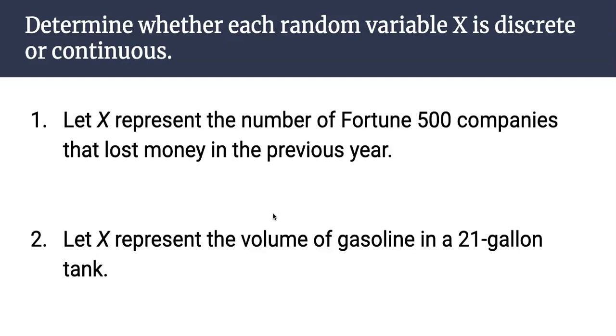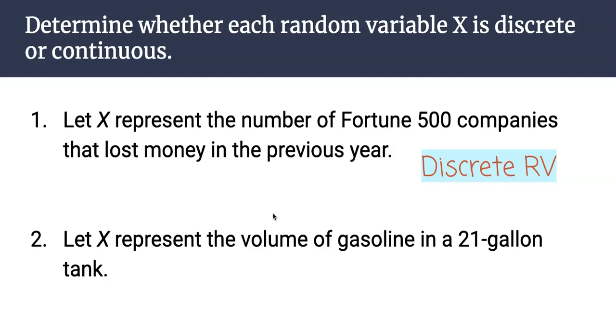So it's going to be like 10 companies or 7 companies or 450 companies. So the first one, the answer is going to be discrete random variable, because we're not going to say 375.4, it's not going to be a decimal value. It's going to be a whole number.